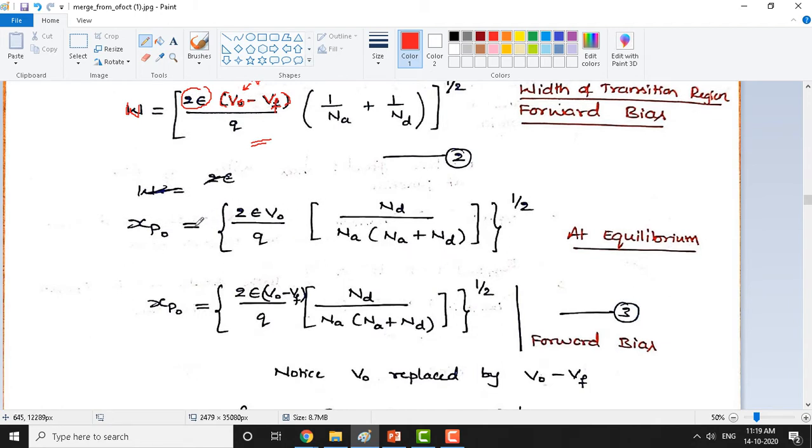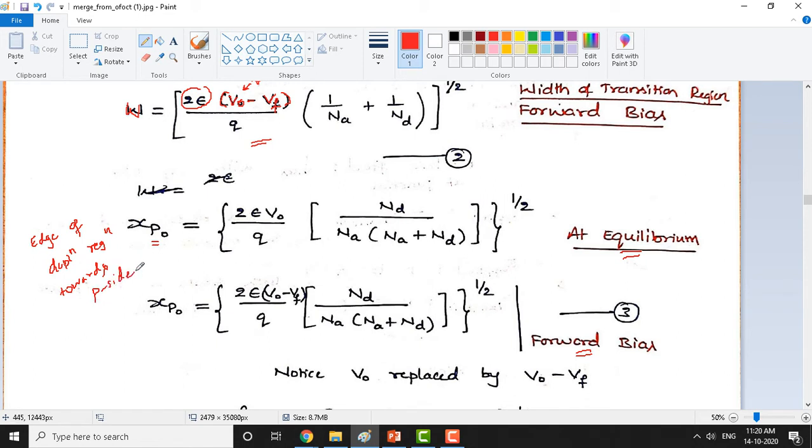Similarly, we can also obtain the edge of the depletion region on the P side, which is xp naught, under both equilibrium condition as well as forward bias condition. You can observe these two equations here. xp naught is the edge of the depletion region towards the P side.